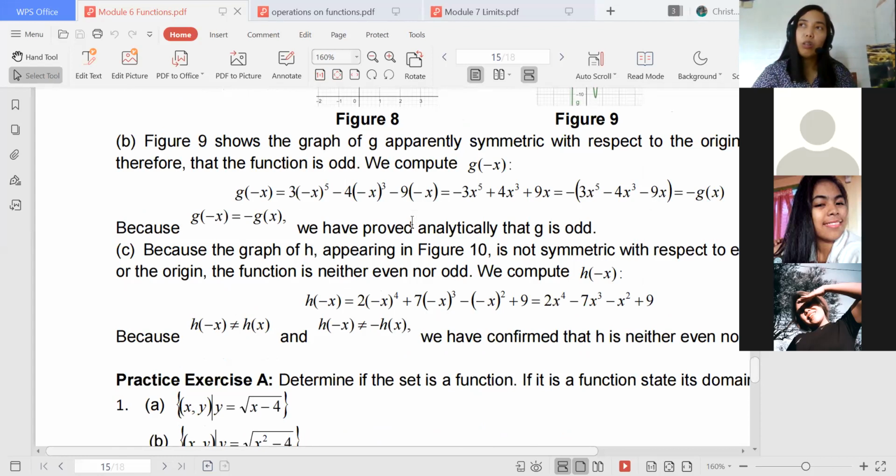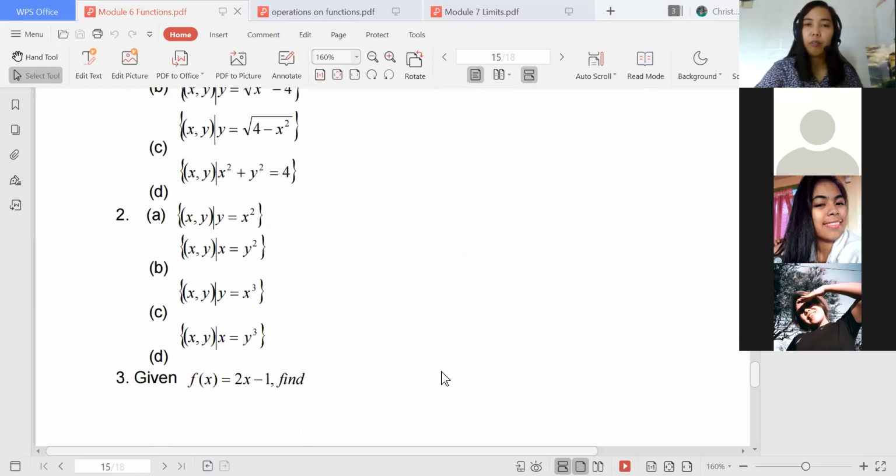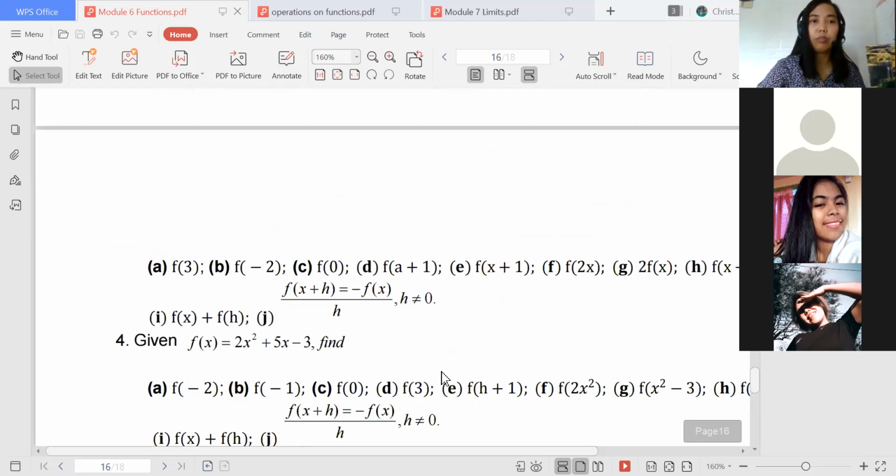If the result is the negative of the given function, then it's odd. If they are not equal, or not the negative of the given function, then it's neither. Is that clear? Yes po, ma'am. Clear na po.